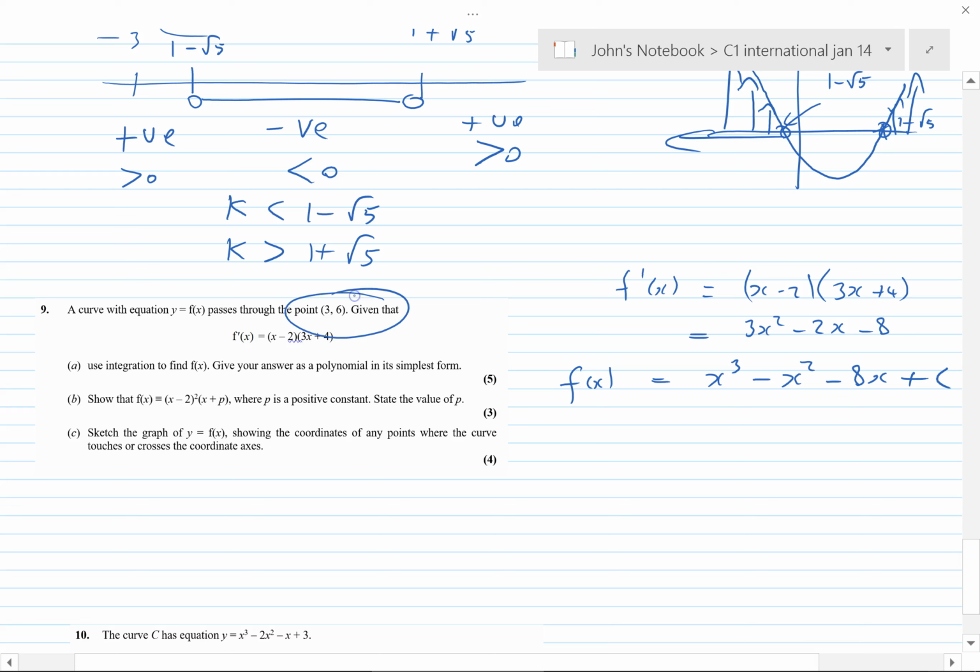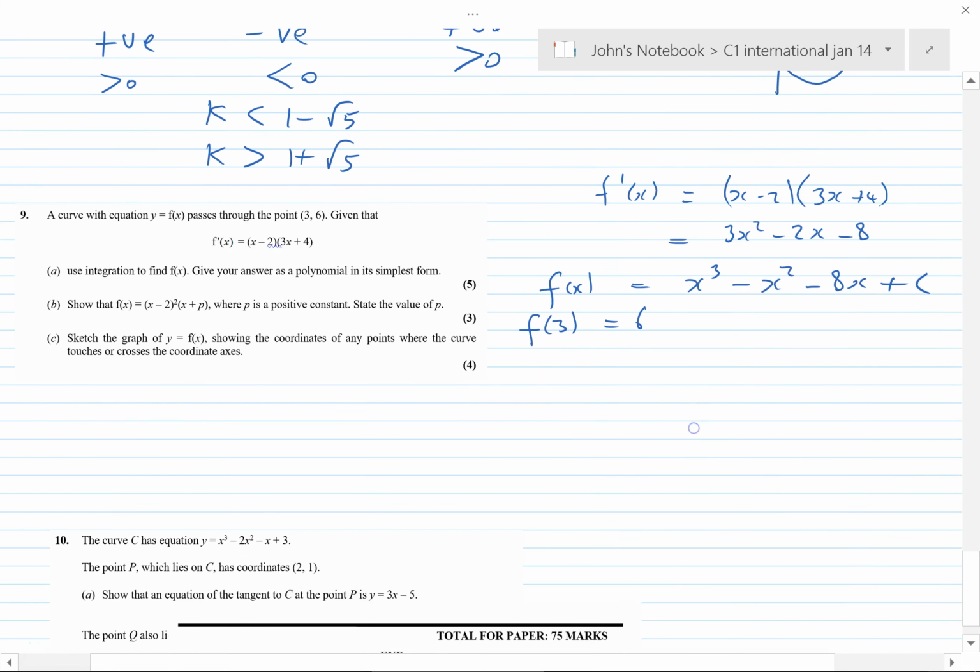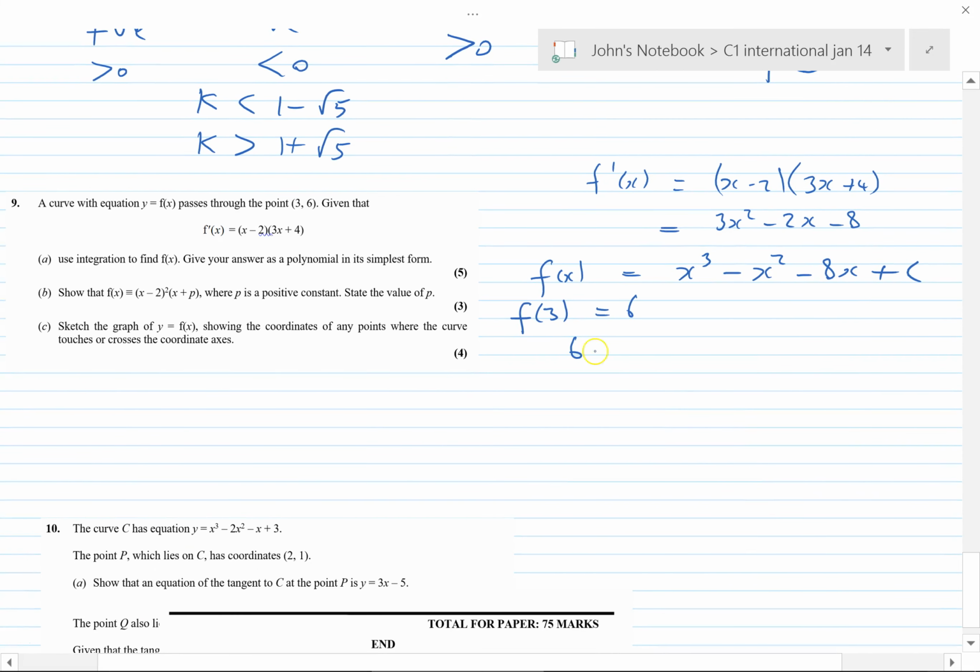And then we can work out the constant. If we're given a point, we can work out the value of c. We've got f(3) is equal to 6. So we have 6 is equal to 3 cubed minus 3 squared minus 8 times 3 plus c. So we have 6 is equal to 27 minus 9 minus 24 plus c.